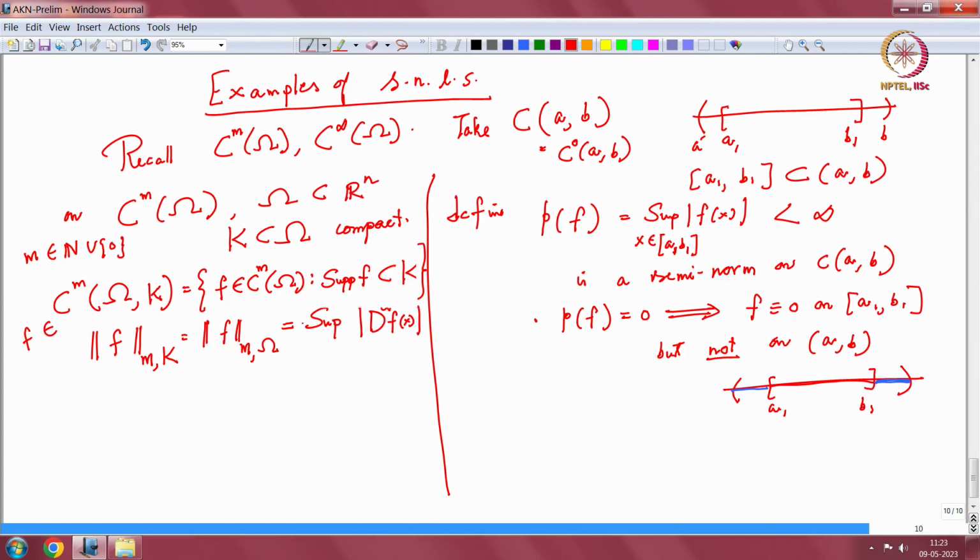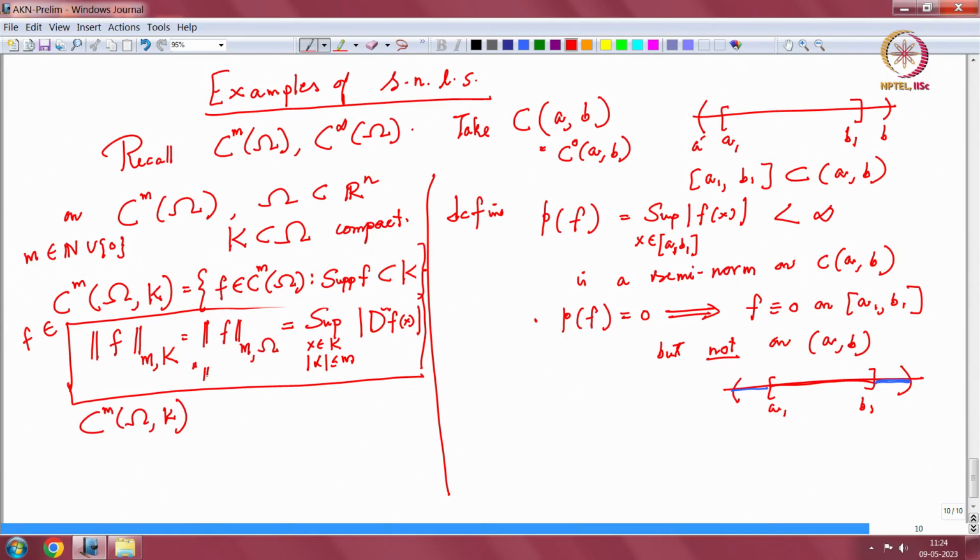So, let me write it with the supremum, where x is in K, and either you can sum or you take it this way. So, this is the norm. So, Cm with this norm, Cm of omega K, is also denoted by norm f at m.